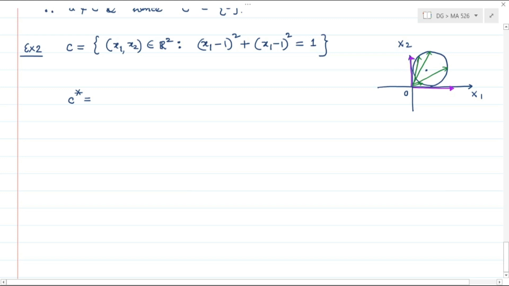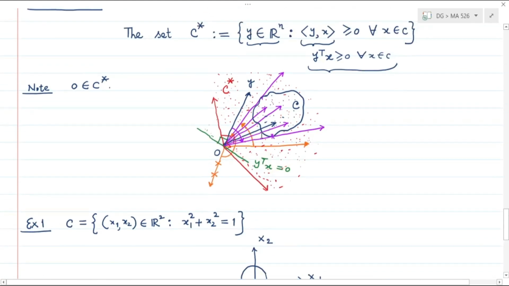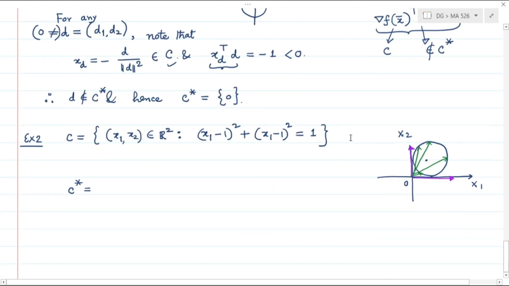And now, from the figure of the dual cone, how did we find the dual cone? Note that this extreme red direction is perpendicular to one extreme direction, and another extreme direction is this one, and for it you find the perpendicular. The set of all points in between these perpendicular directions to the extreme directions in C will constitute the dual cone.